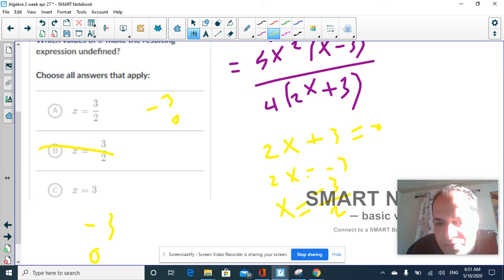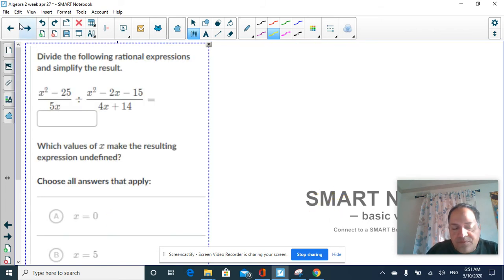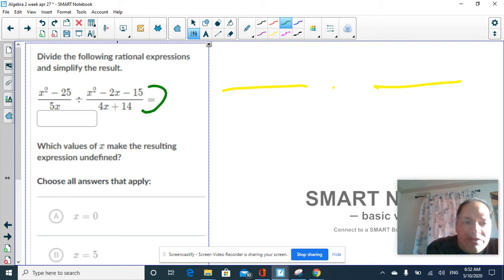Okay, what if we have division, like the next question? So just make it multiplication and flip. If you flip the second one, the 4x to the power 4 will be in the top. If you factor it, take out 2, so it's x, 2x plus 7.